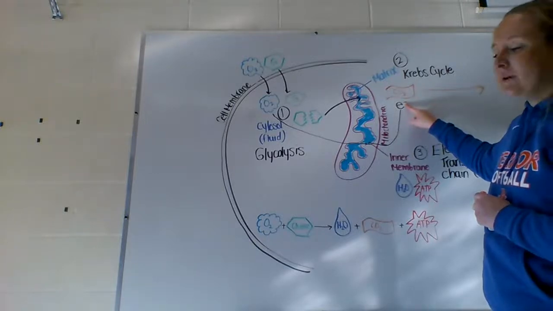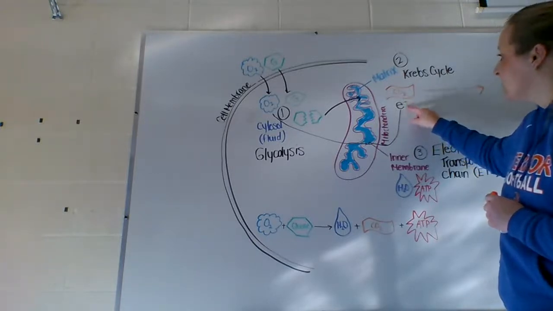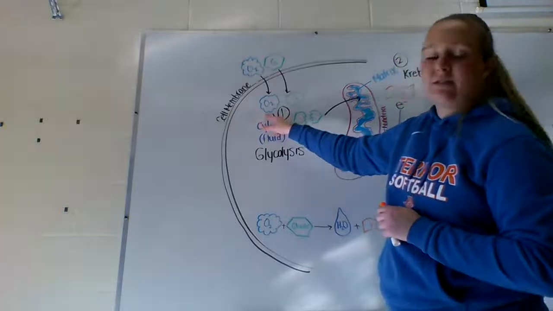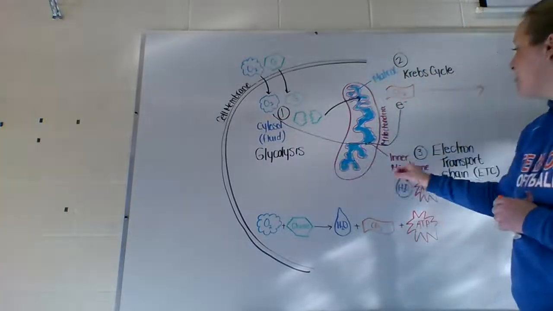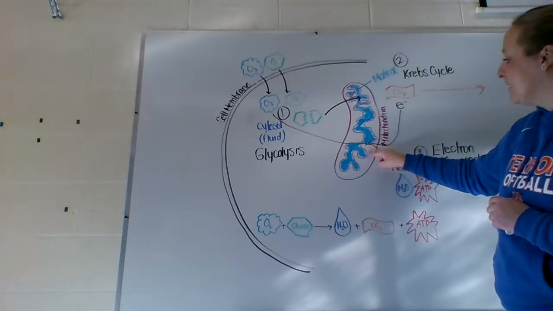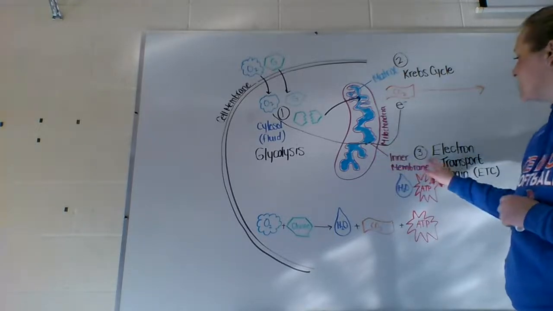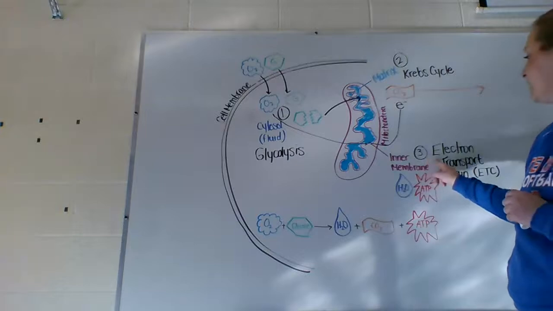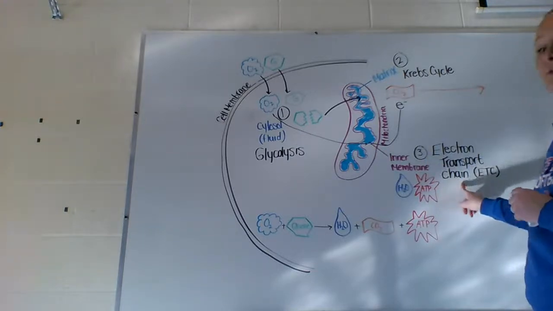The next thing that happens, these electrons and the oxygen that initially entered our cell go into the inner membrane, this inner purple part, for step 3, which is the electron transport chain. And it's a chain for a reason.